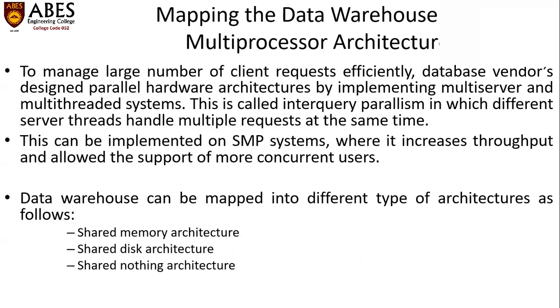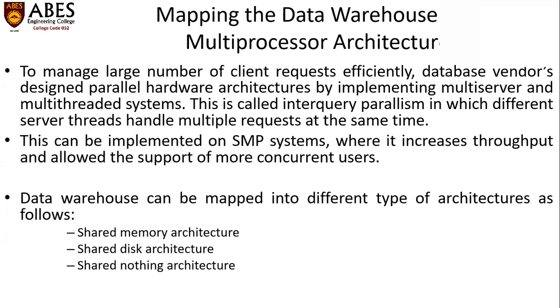It may be a shared memory architecture, a shared disk architecture, or a shared nothing architecture. On different architectures, the data is applied as per the need and demand, as well as the availability of the architecture. Then the data is shared to multi-server and multi-threaded systems.